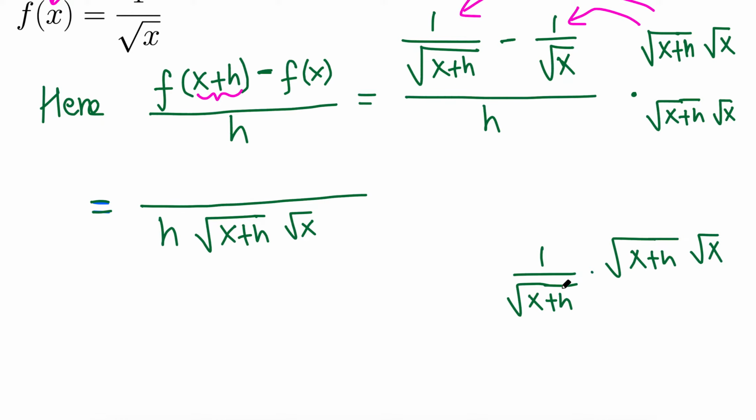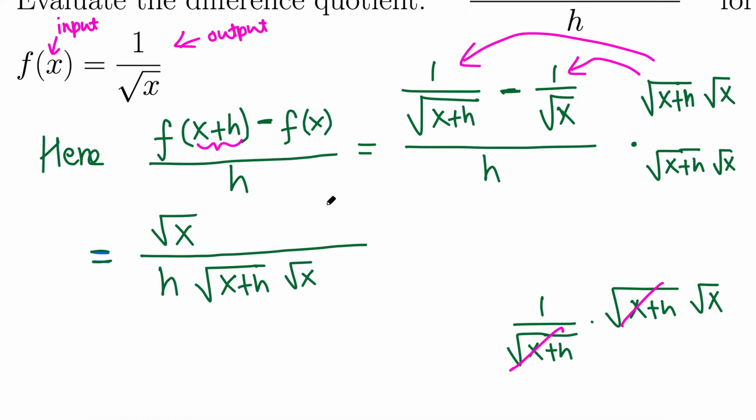When we multiply, these two cancel, 1 times root x, so just root x survives, minus, in the same way, when we multiply 1 over root x by this, x plus h root x, then cancel this one, root x plus h.